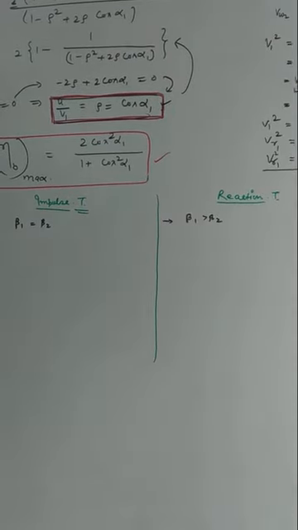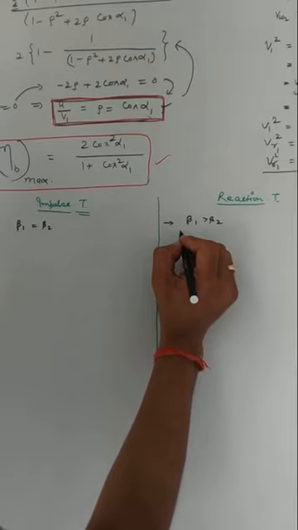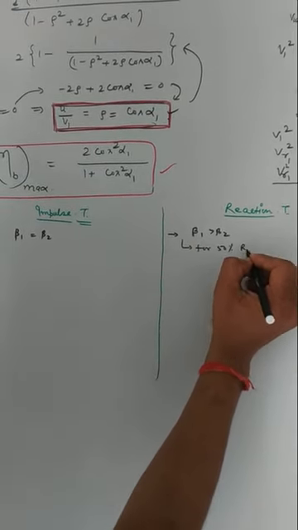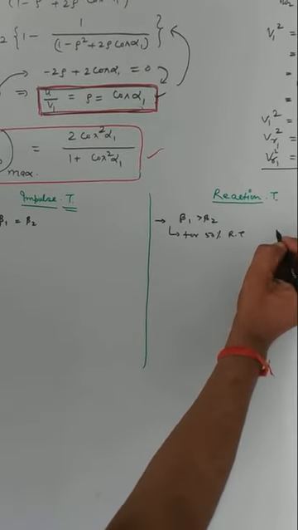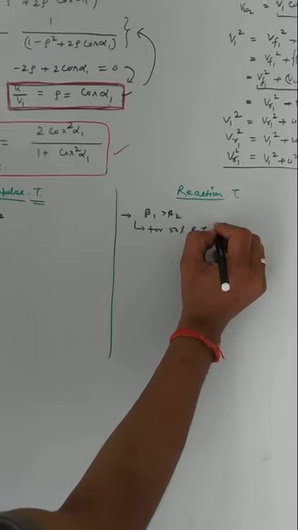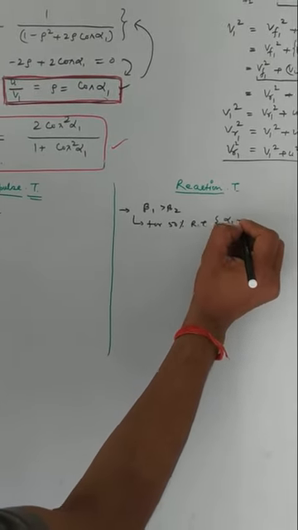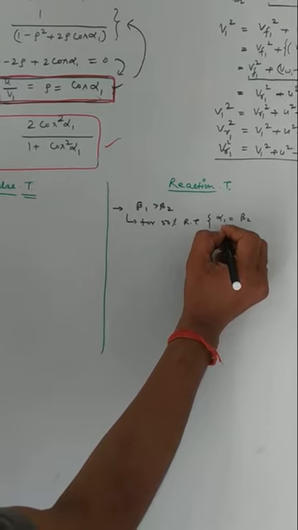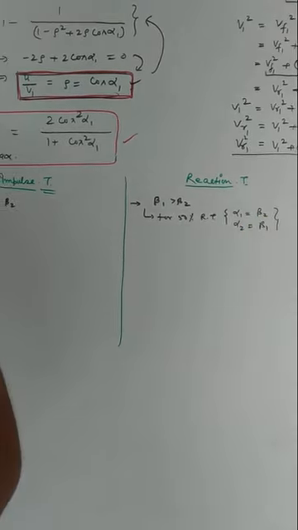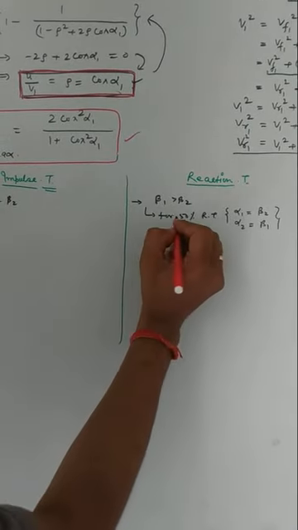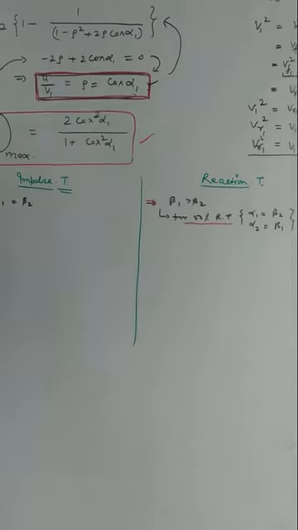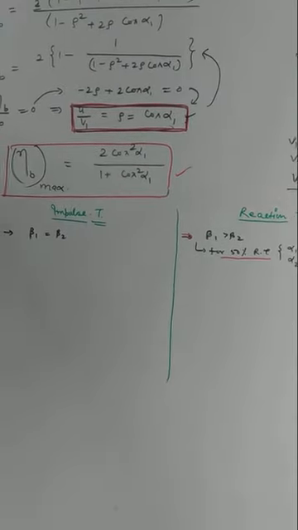And for the special case of 50% reaction turbine, these blades are symmetrical and the drop is also equal, and you can write alpha 1 is equal to beta 2 and alpha 2 is equal to beta 1. This relation is applicable only for 50% reaction turbine. In general, the relation is beta 1 is greater than beta 2 in case of reaction turbine.